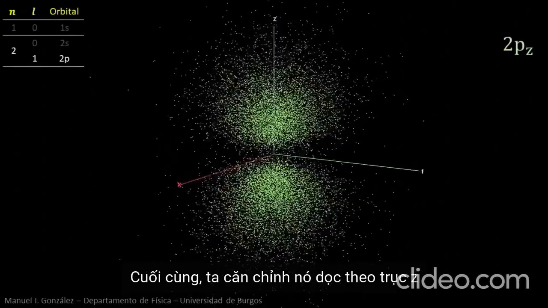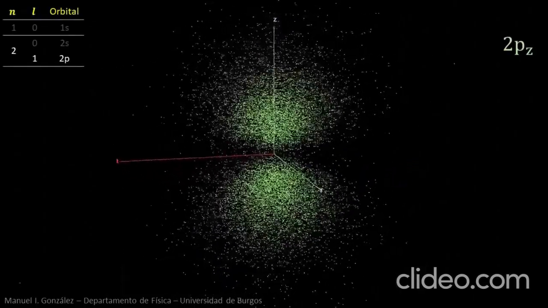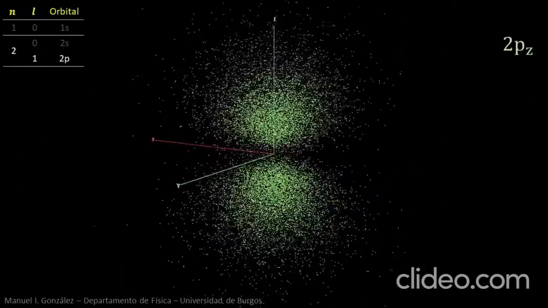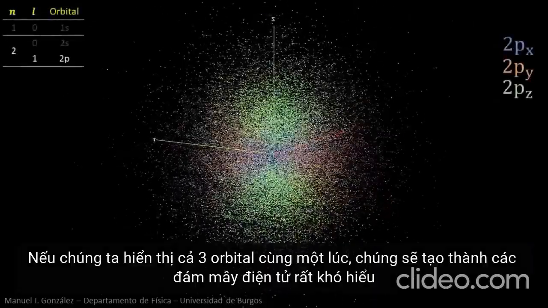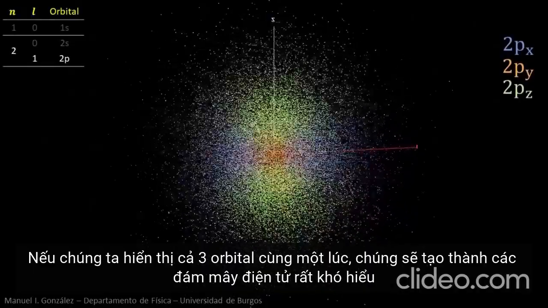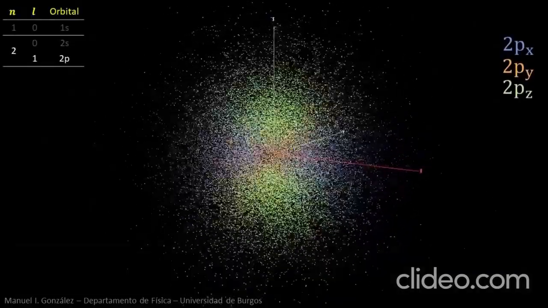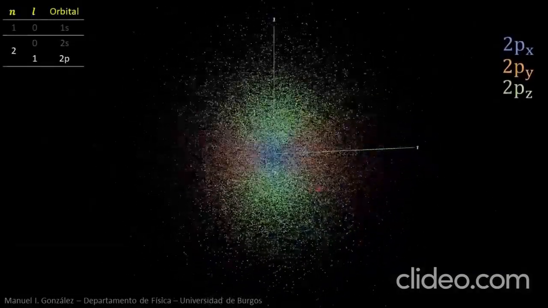Finally, this is the 2pz orbital. If we display all 3 orbitals at the same time, the complete electronic cloud becomes somewhat confusing, but shows a high degree of symmetry.